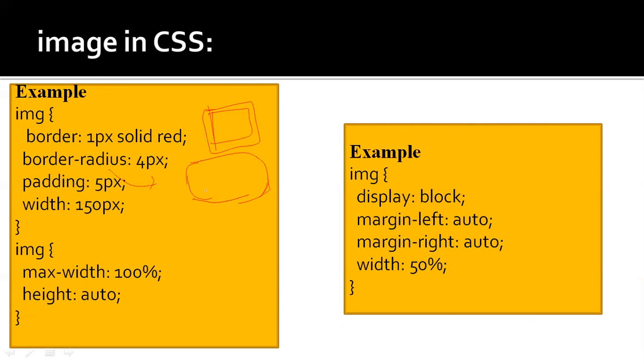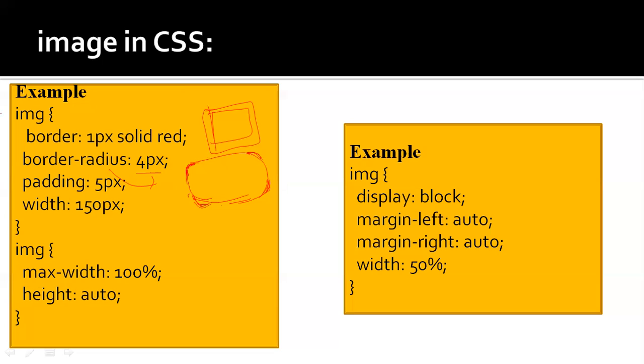I mean this corner will be in circular shape. My drawing is not proper. So it means the corners will be in circular shape with radius 4 pixels.